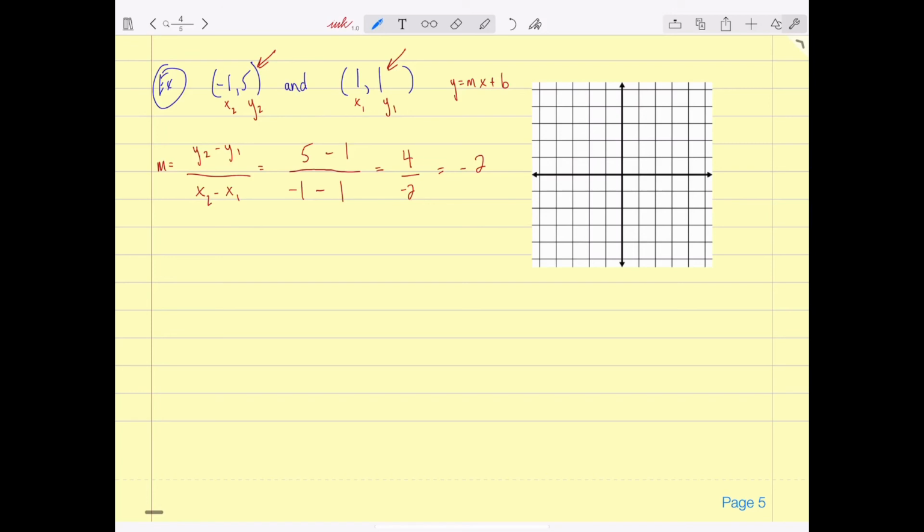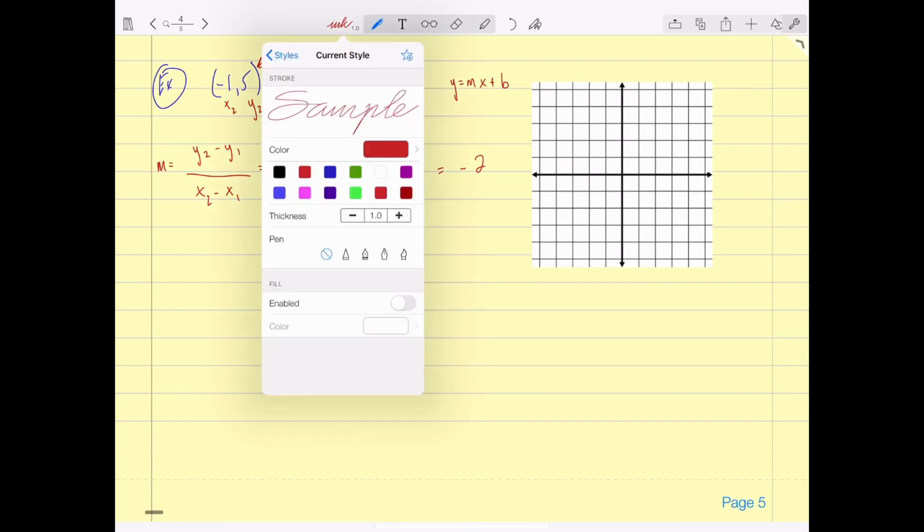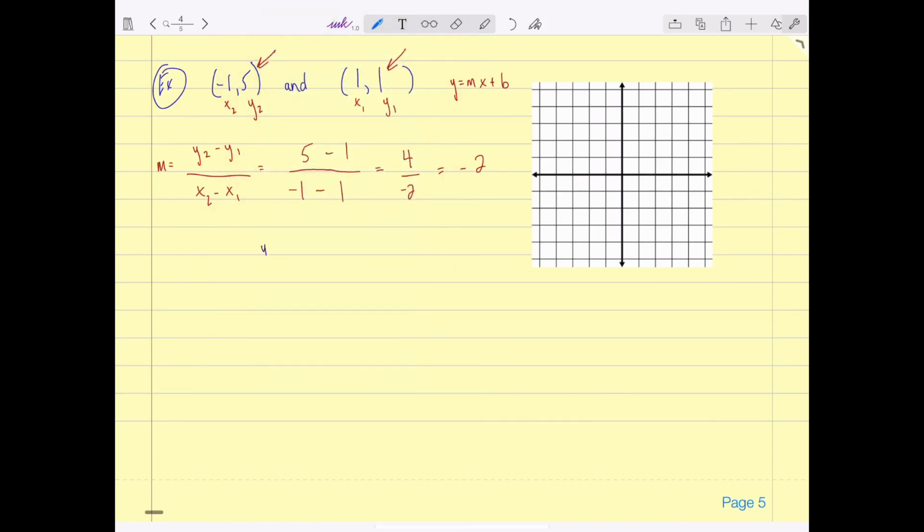Okay, we don't have the y-intercept in this one, so let's see what happens when we try to create that. Hopefully it works. So that is the slope value. Oh yeah, no, I have to do this one a little different. Okay, so then I have this equation. Let me set this up. Y equals negative 2x plus b.